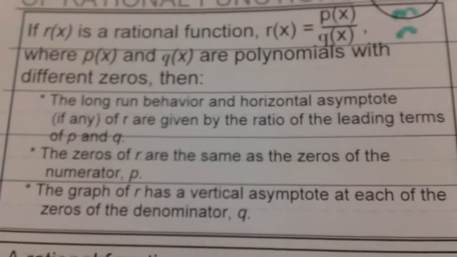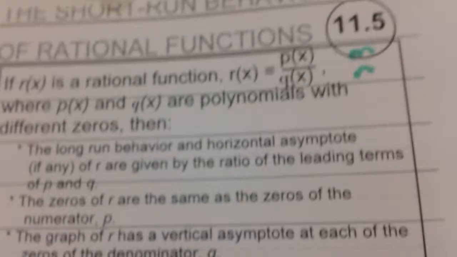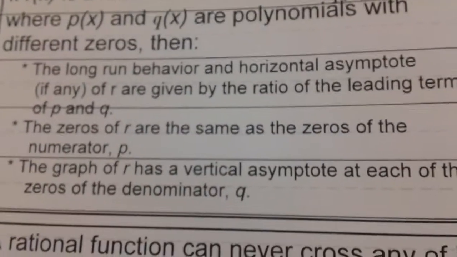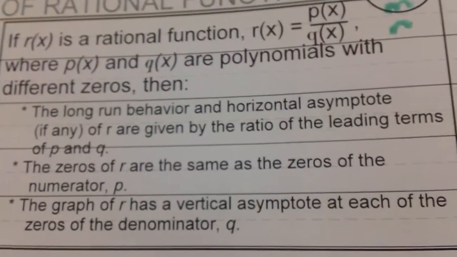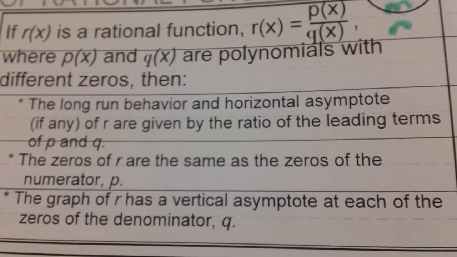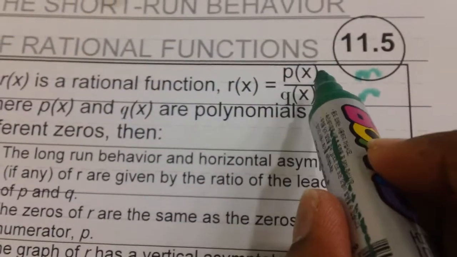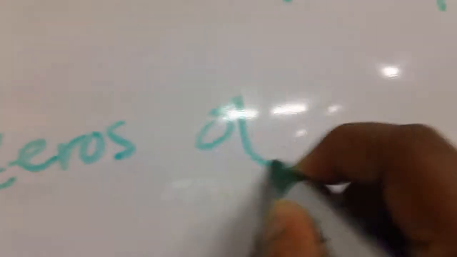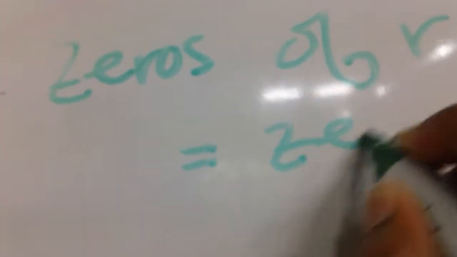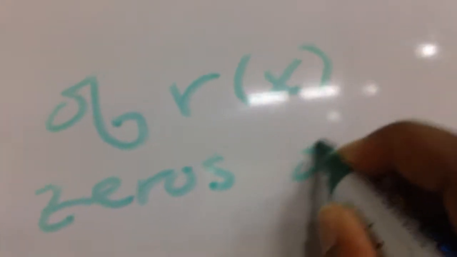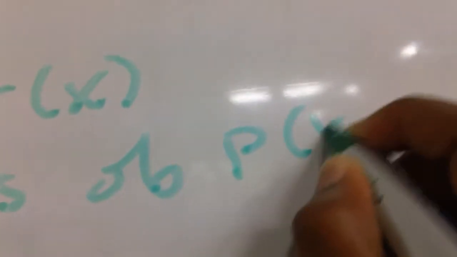Now we're going to talk about what's going on in the middle, the short-run behaviors. And in this case, to find the zeros of the rational functions, they are the exact same as the zeros of the numerator polynomial, as we can see here.